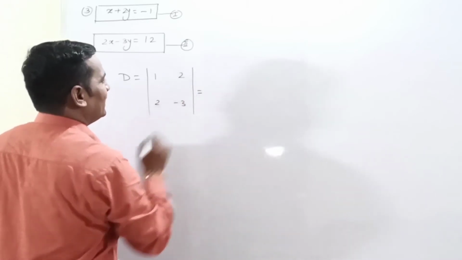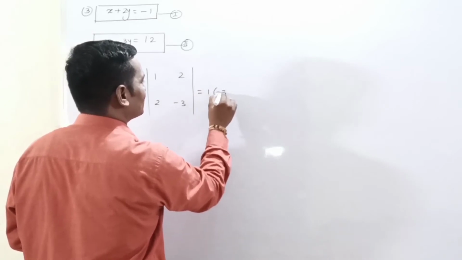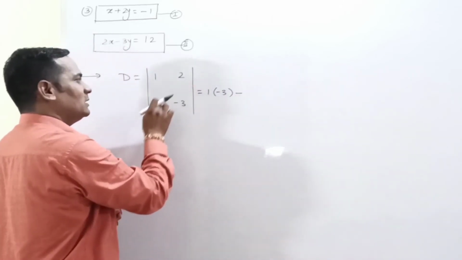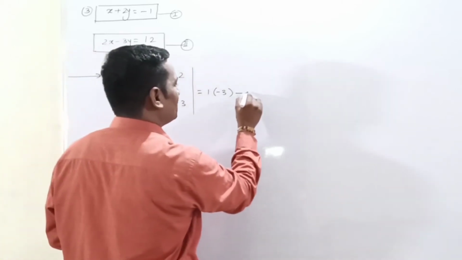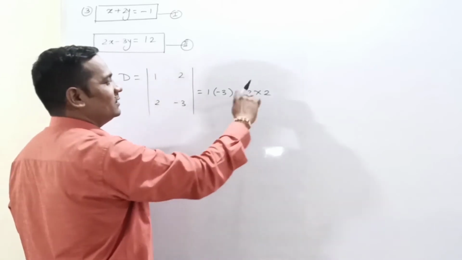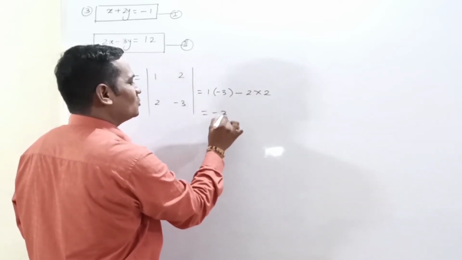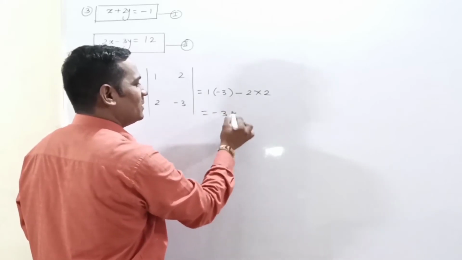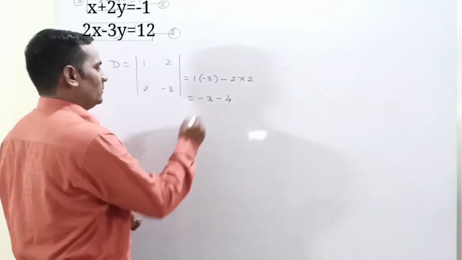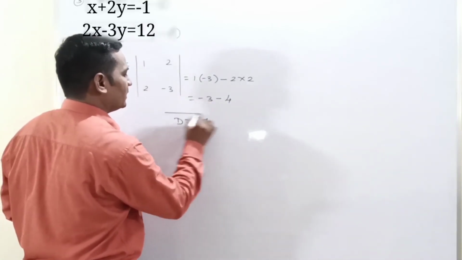So let's find out that answer here. 1 into minus 3 minus, now cross multiplication, 2 into 2, or you can write like this also, 2 in bracket 2. So 3 ones are 3, so minus 3, again this minus as it is, 2 twos are 4. So what will be that answer? D is equal to minus 7.